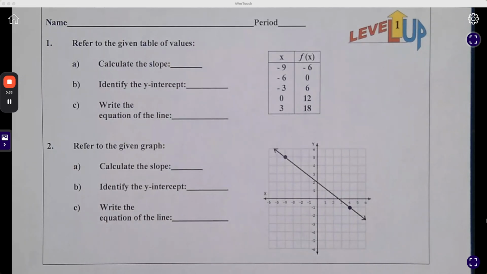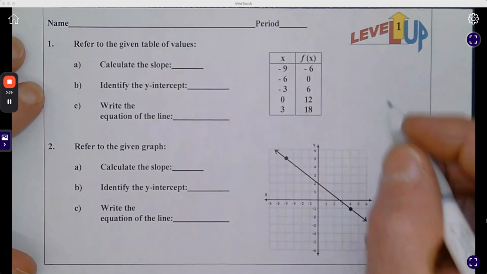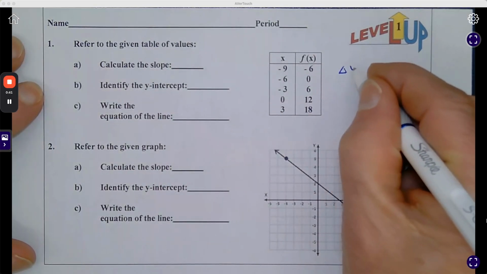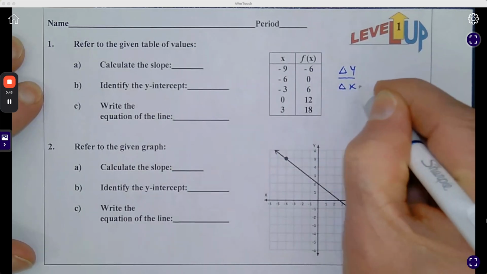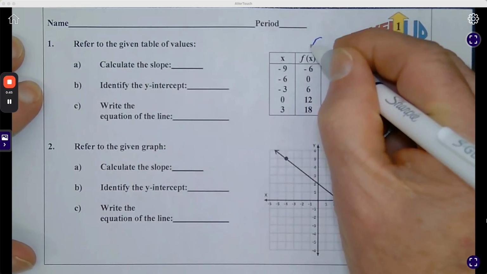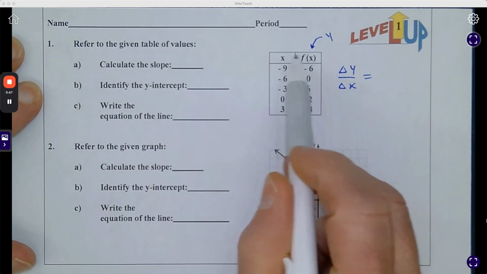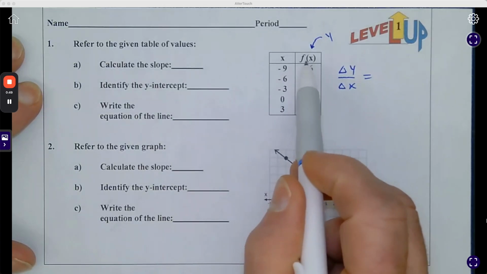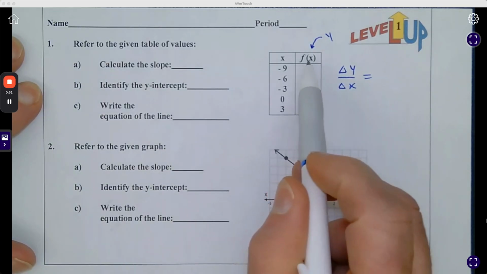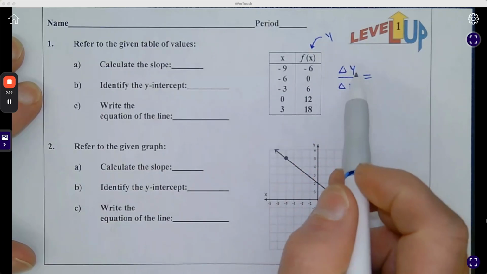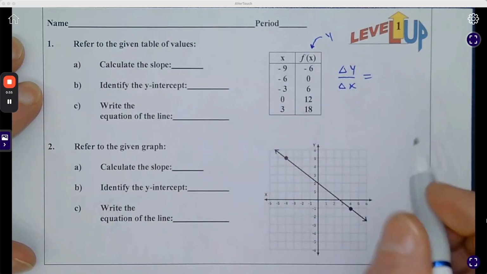All right, let's refer to the given table. There's the given table. We want to calculate the slope. From a table, we find the slope by doing the change in y over the change in x. This is a y. It is a fancy way of saying y. It's called function notation, f of x, but it's still the output. It's still the y. And then there's the x right there.